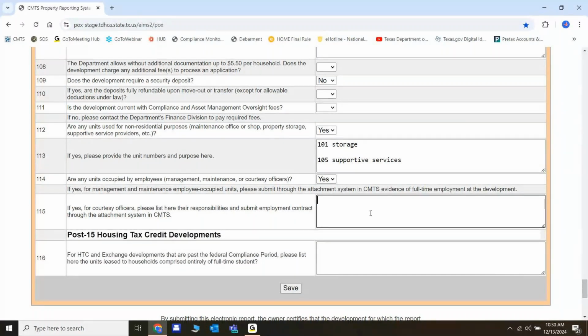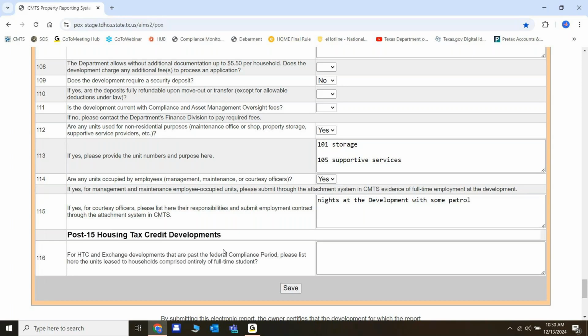So for management and maintenance, we want evidence of full-time employment. For a courtesy officer, just list if they patrol or if they're available nights at the development with some patrol.